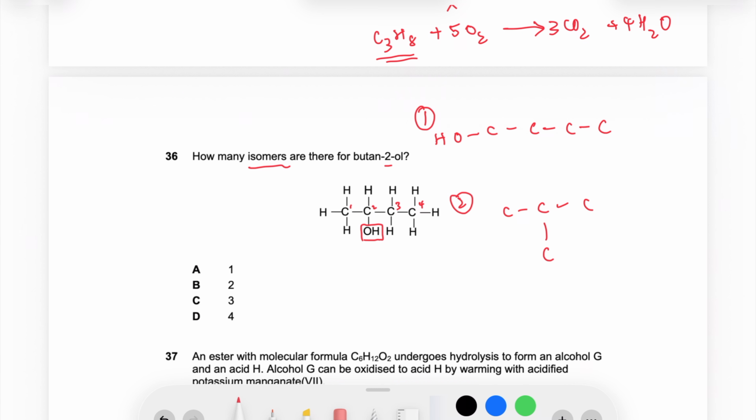So let's say I connect to this. Okay, so number 3 and number 2 are totally different. Okay, I think that's the combination. So I think there's only 3 in this case. So answer is C.